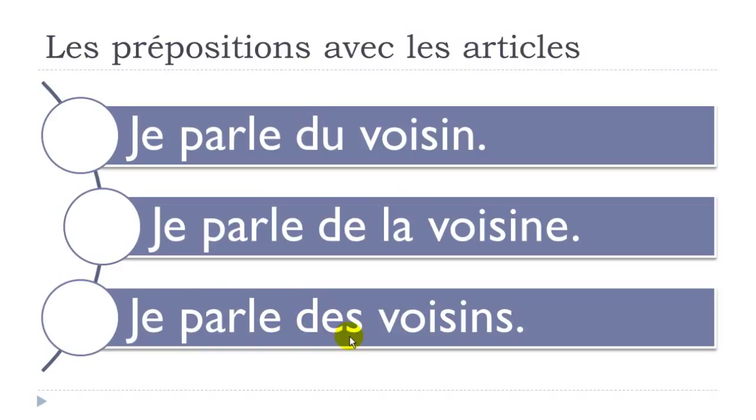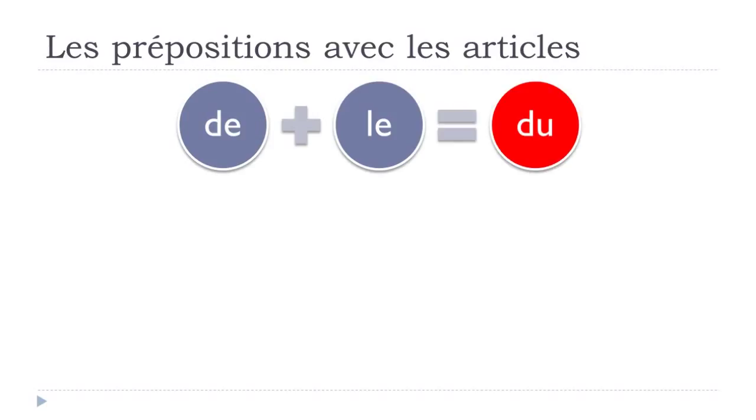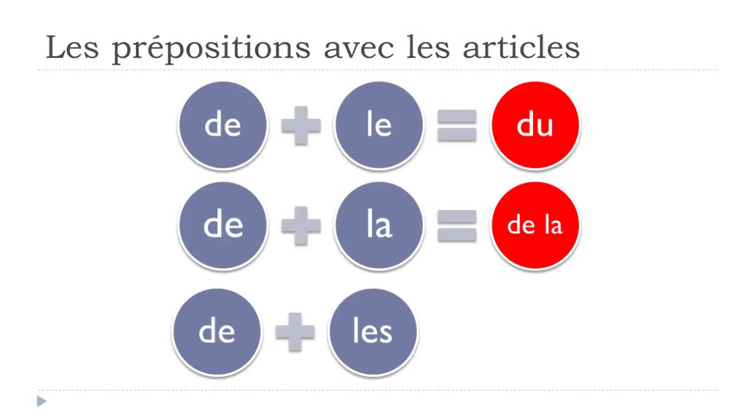Plural, whether it's masculine or feminine, it will be the same, okay? So, des. Okay? So, let's write it like that. De plus le will become du. De plus la will stay the same. Nothing happens. De la. And then de plus les will become des.